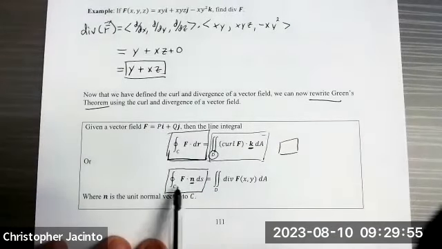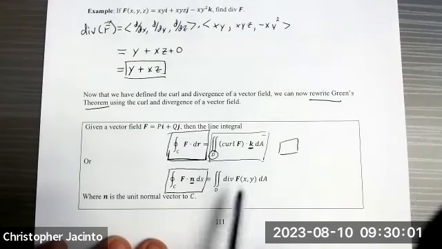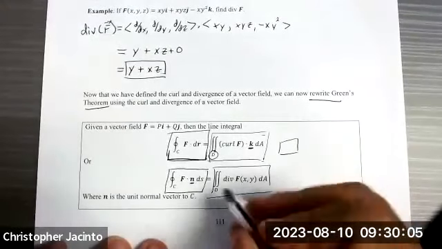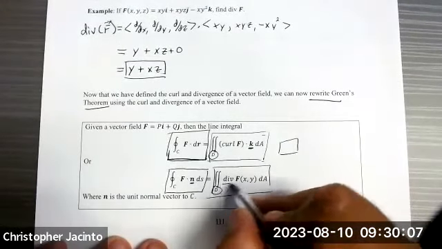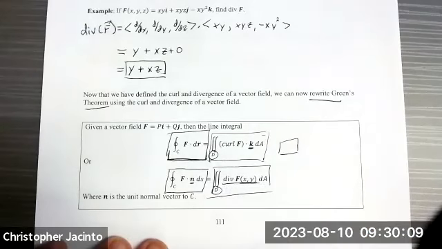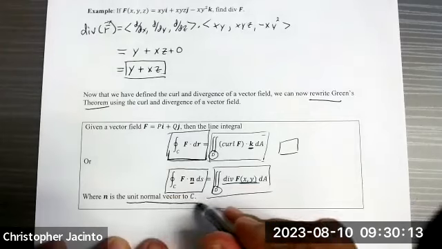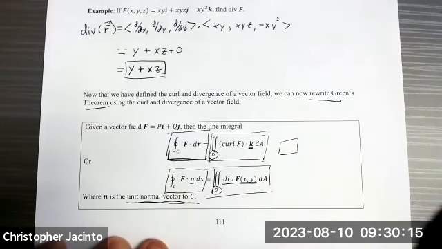This is the alternative way of writing the line integral. So the alternative way is equal to the double integral over a region D of the divergence of F dA. In this case, N is the unit normal vector of C, depending on what we're actually asked to find.